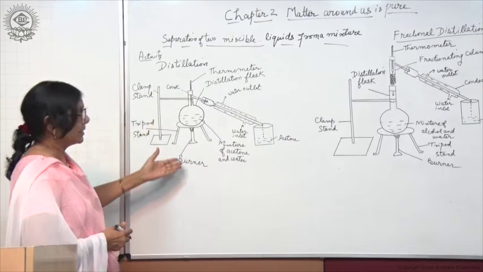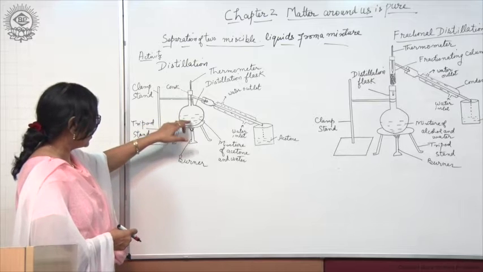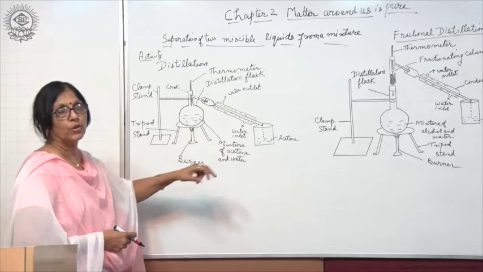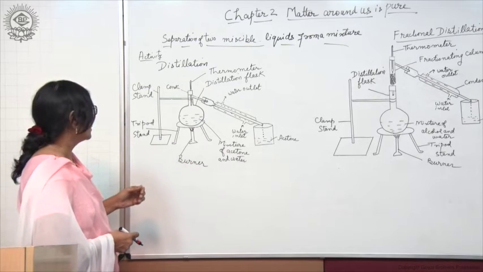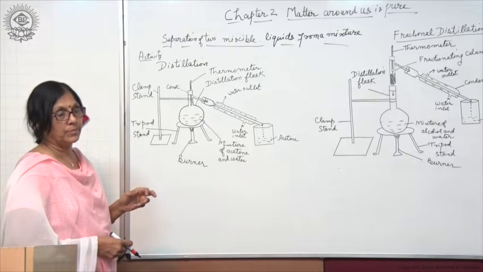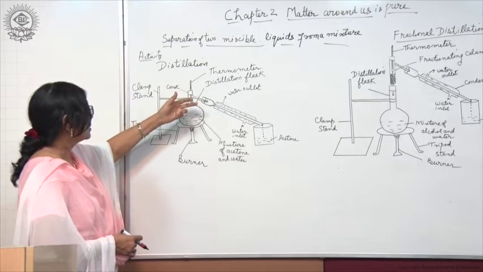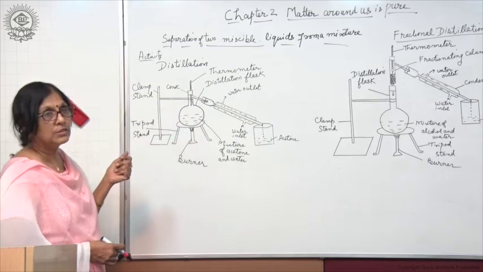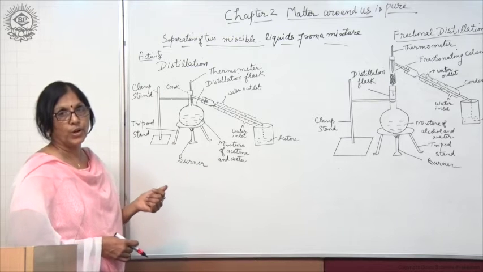The apparatus is set like this. This is a distillation flask in which the mixture of acetone and water is taken, which are miscible with each other, fitted with a cork, and a thermometer is also kept. The thermometer is used to record the temperature, because acetone and water have different boiling points.